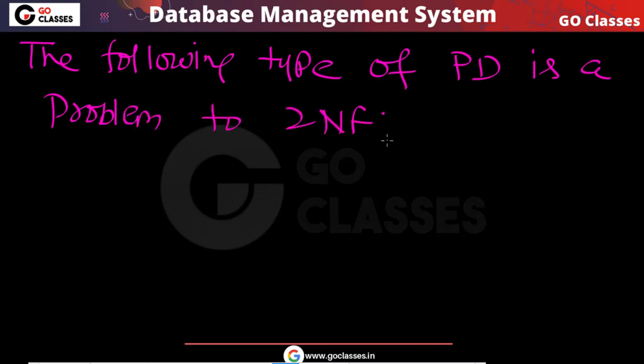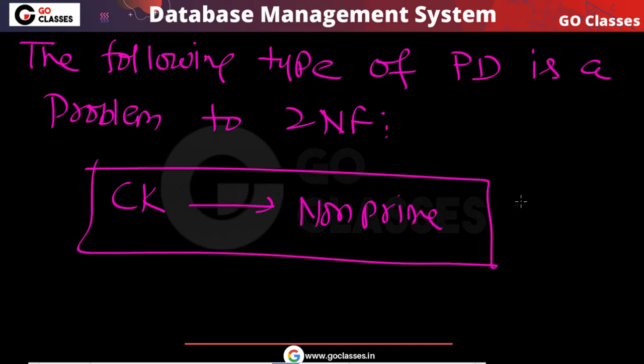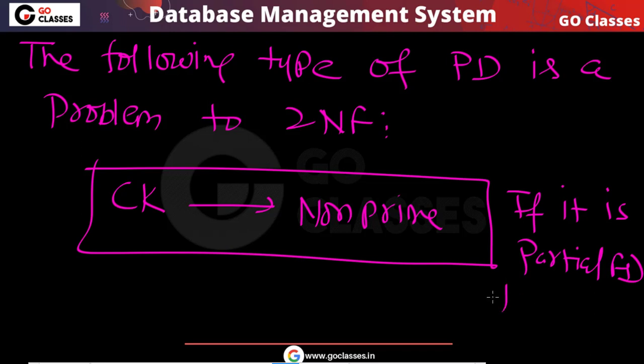If you have a candidate key that determines a non-prime attribute, and this is a partial dependency, then the relation is not in 2NF.